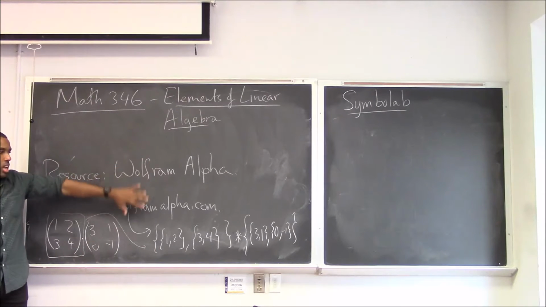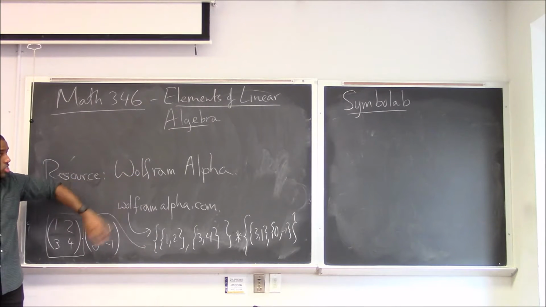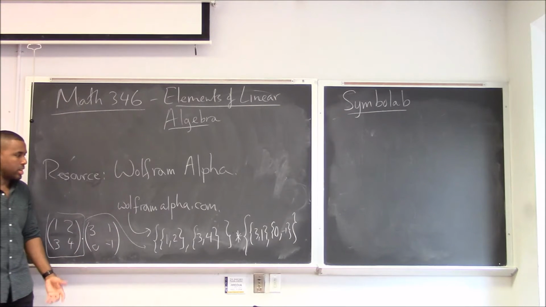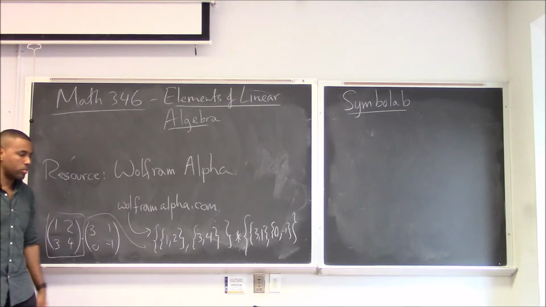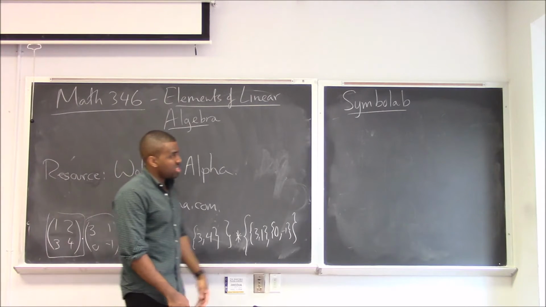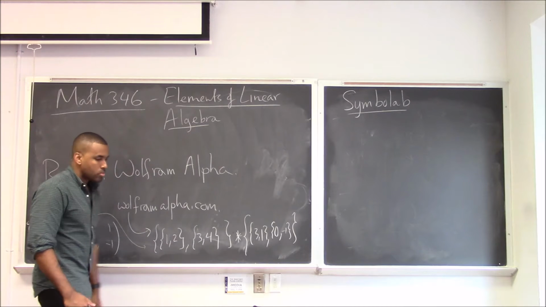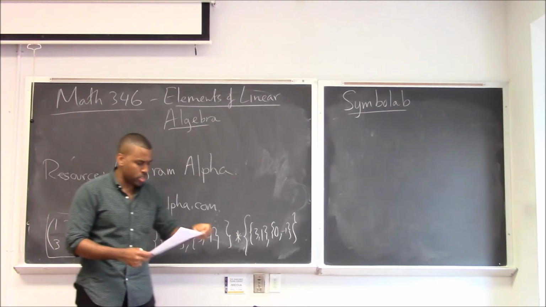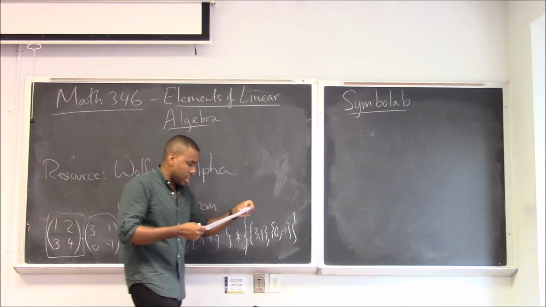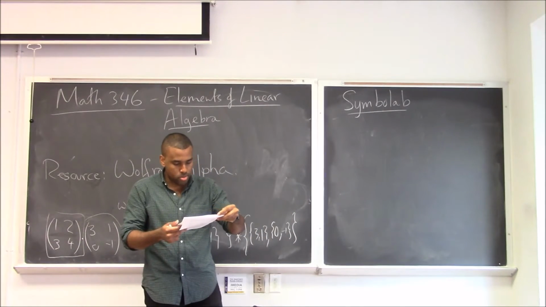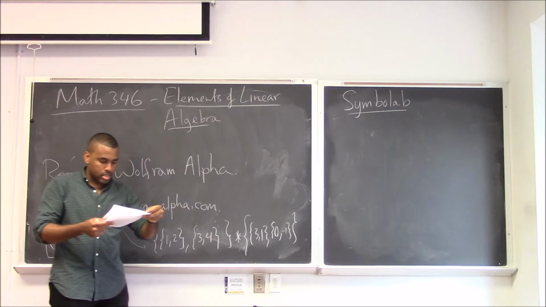Wolfram Alpha can understand a lot of things in regular English language, but it's not a template-based kind of thing. So you do have to know some sort of programming jargon. But Symbol Lab, you can actually enter things as a template, and it will help you compute things. So you have a ton of resources all over the place. And linear algebra, as I said, it's all over the place. So you'll have a lot of resources for this class.